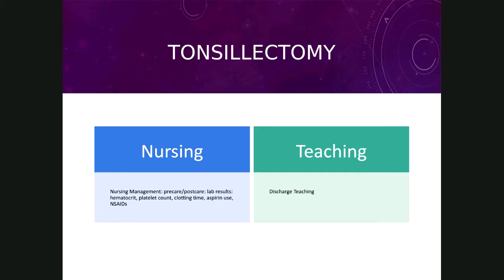Why do we want to know a patient's clotting time, whether they're using aspirins or whether they're using NSAIDs after someone has had a tonsillectomy? Do you guys know why? Risk for bleeding. Correct.